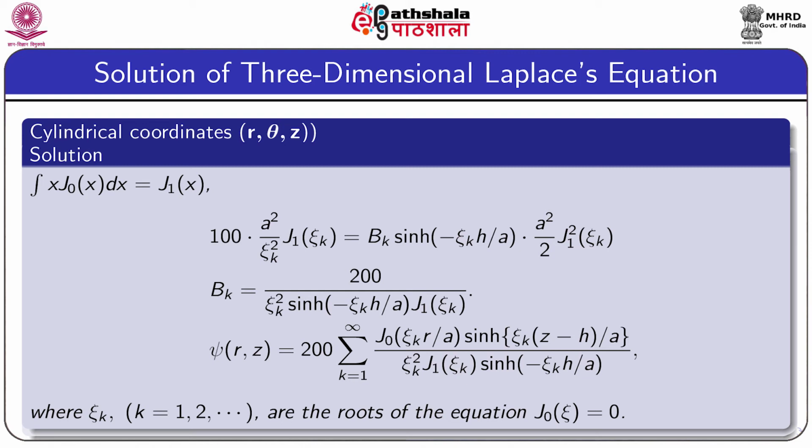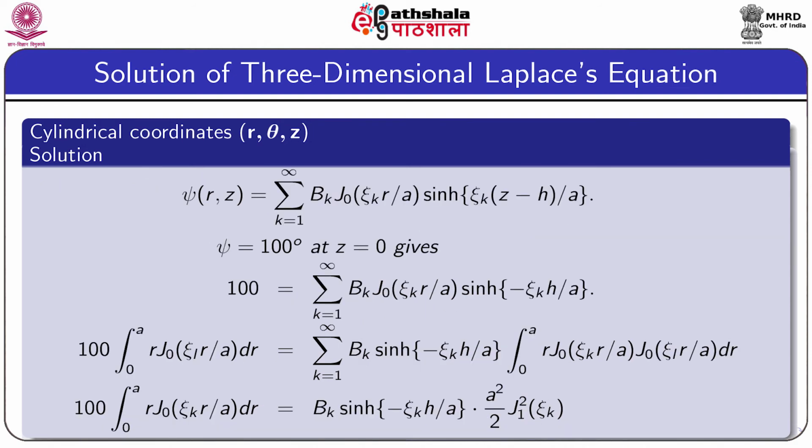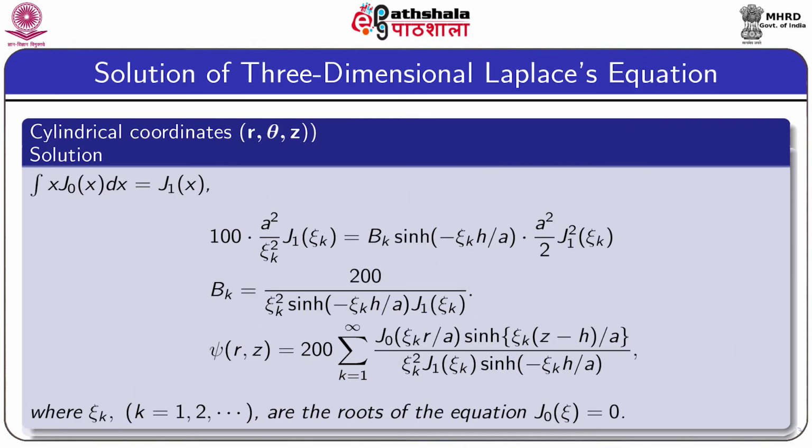From this relation we can easily find the value of Bk. So it is written here. The solution of the given problem becomes psi equals the sum over k of Bk J0 of xi k r by A, sinh of xi k (z minus h) by A, where these Bk are given by this relation.